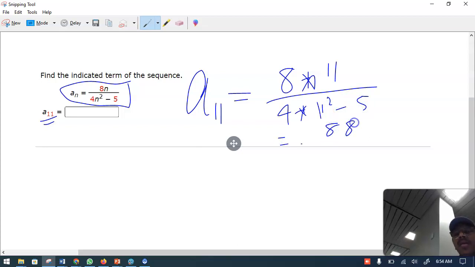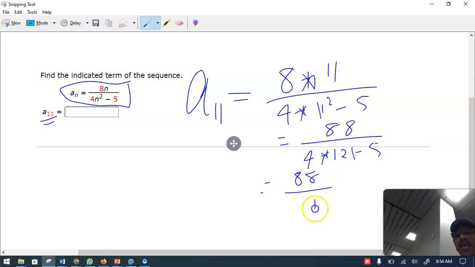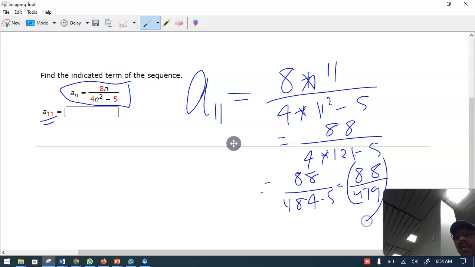And you know the answer, right? 4 times 11 times 11 is 121, and then the numerator becomes 88, and the denominator is 4 times 121 minus 5, which is 479. And I don't think anything cancels, you can keep it as it is, and you're done. So that's all it is.